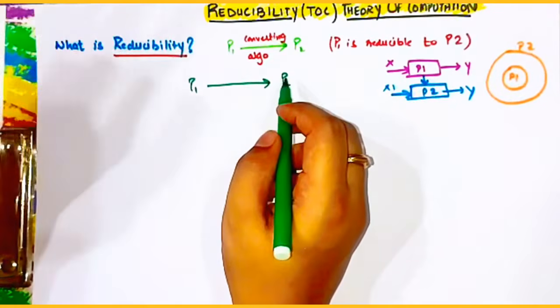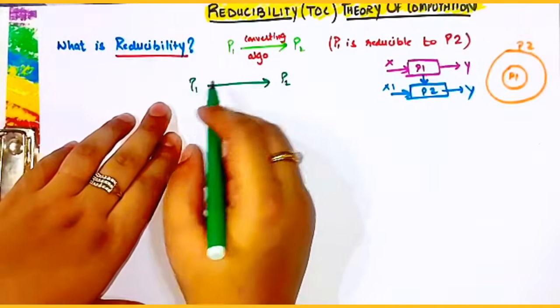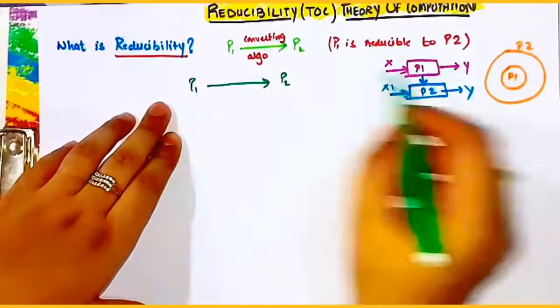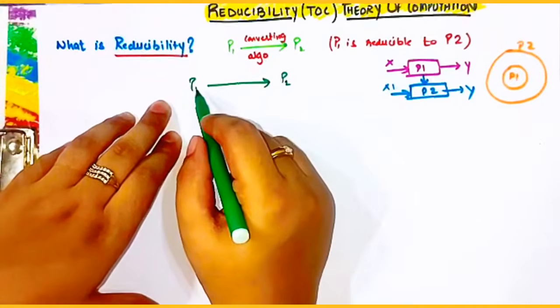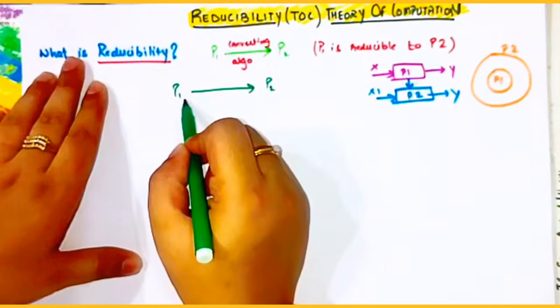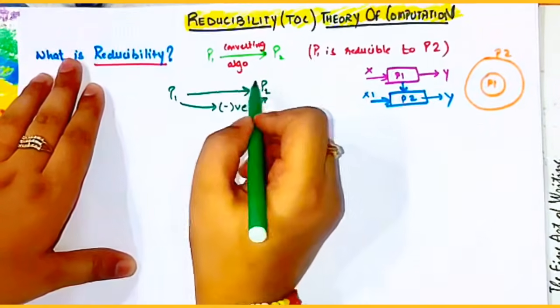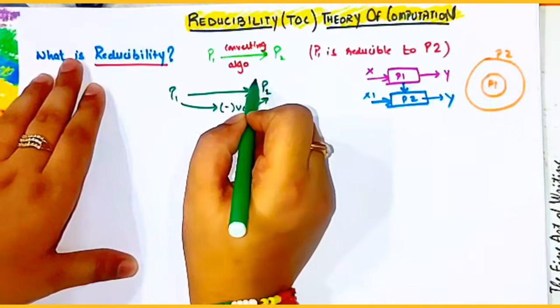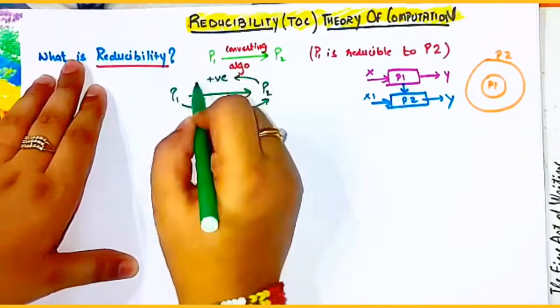There are four important points that you have to remember. The left side, you can say, is the child and this is the parent. Left side always gives negativity to the right side. I am making a negative sign. And right side, that is P2, will always give positivity to the left side.